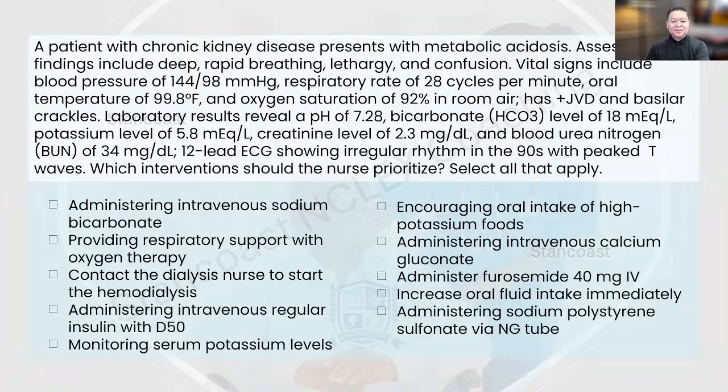The creatinine level is 2.3 milligrams per deciliter, and blood urea nitrogen is 34 milligrams per deciliter. The 12-lead EKG or ECG shows irregular rhythm in the 90s with peaked T waves. Which intervention should the nurse prioritize? Select all that apply. Okay?